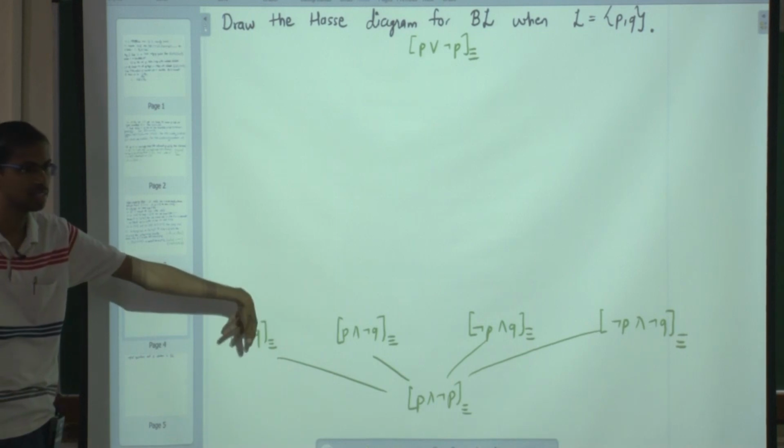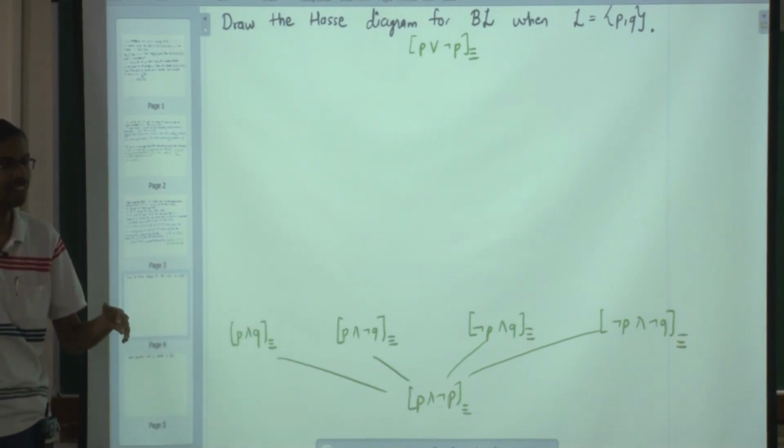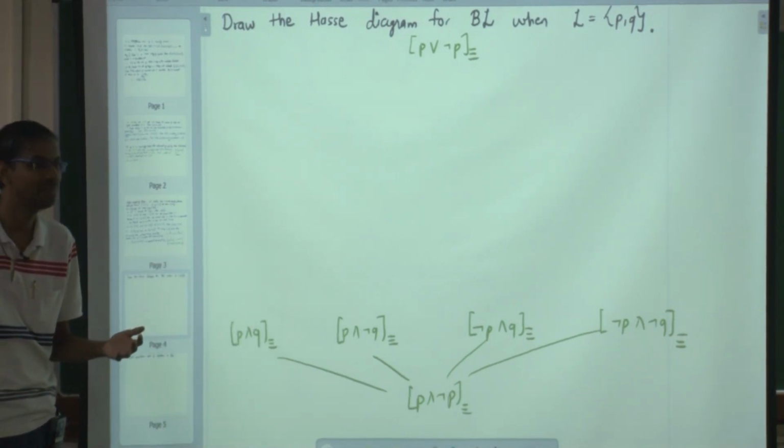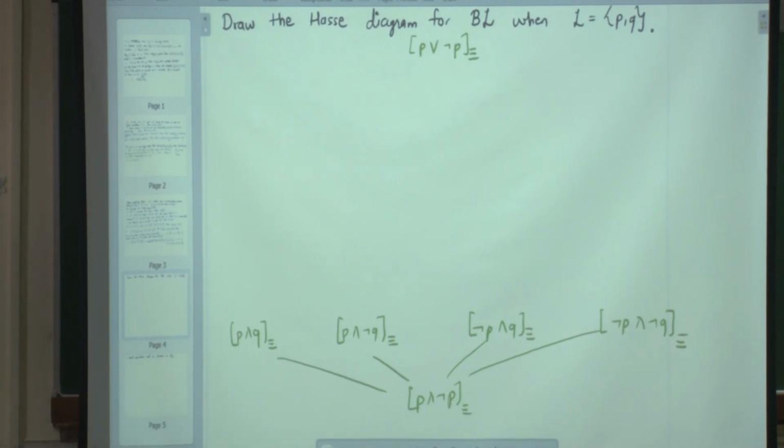Negations of all of these? Yeah. Can you have some nice forms for them? P disjunction Q, yes. Okay, then P disjunction negation Q, yes. Then negation P disjunction Q and negation P disjunction negation Q.